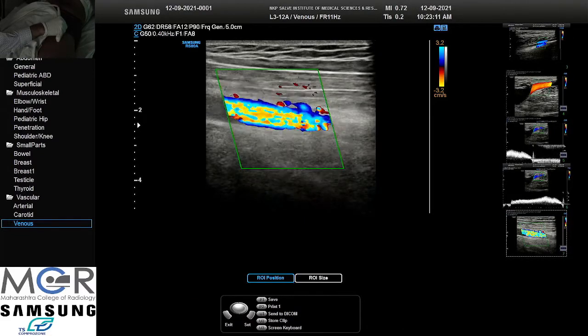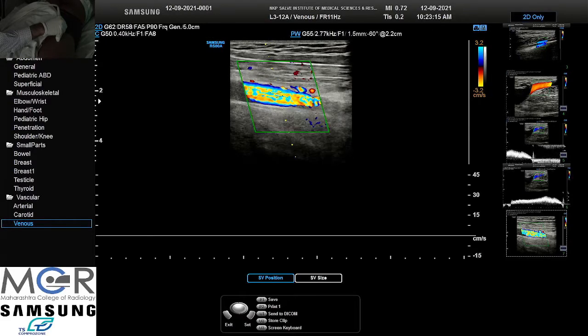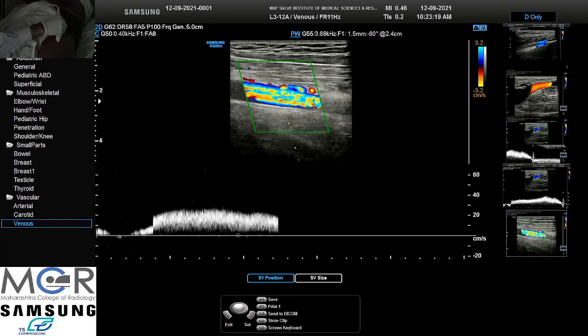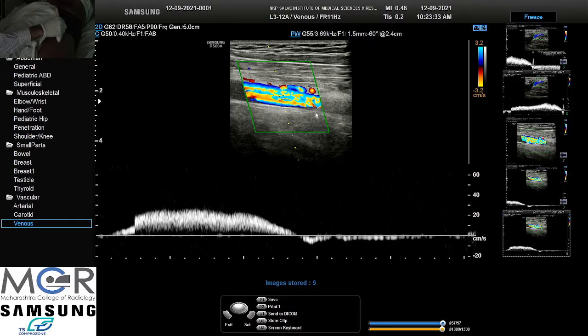We'll do a spectral here and confirm what we had seen. In the earlier patient there was no flow after doing Valsalva. Now you see that flow is on the other side of the baseline. So that is deep vein reflux.